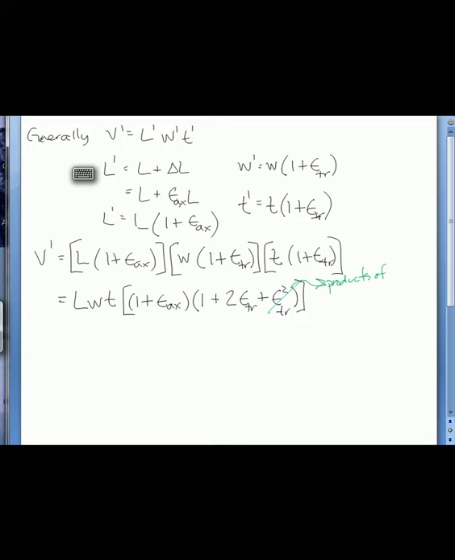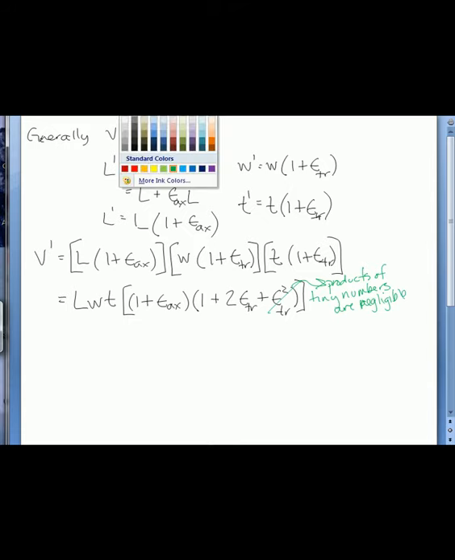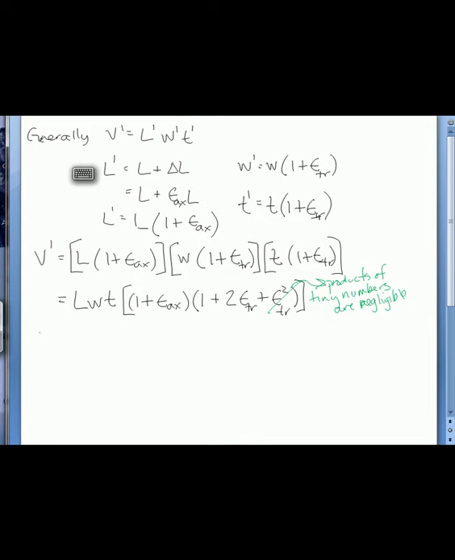So those can be considered negligible. So we get rid of our squared term based on the fact that it is orders of magnitude smaller.